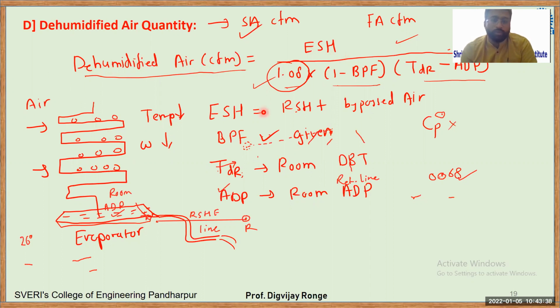Okay, so ESH is RSH plus bypassed air sensible heat load, divided by 1.08 into 1 minus bypass factor into TDR, that means room dry bulb temperature minus ADP, coil ADP.